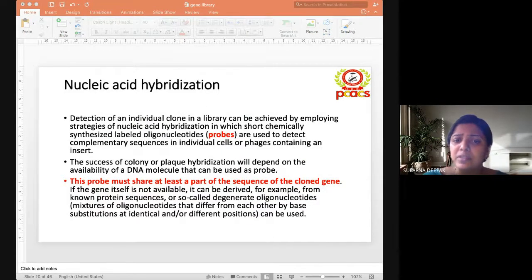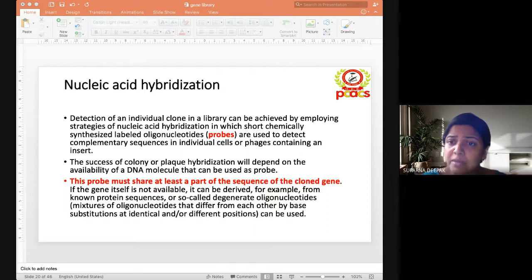This particular method is used for the detection of individual clones in a library, or your recombinant cells, by employing nucleic acid hybridization using a particular probe.